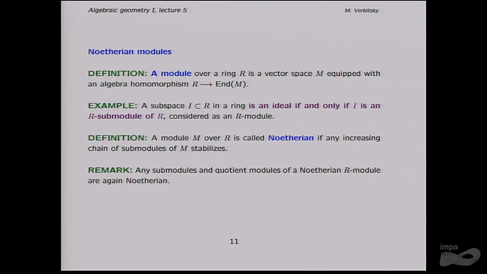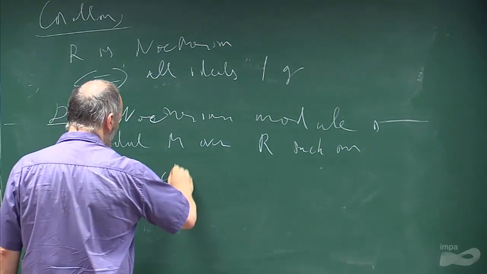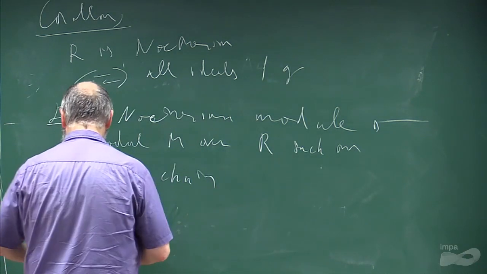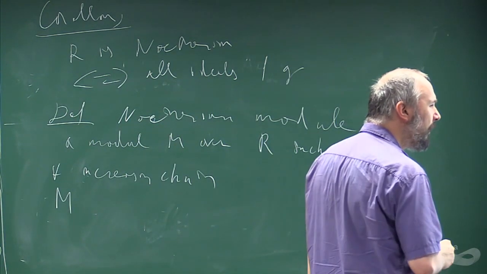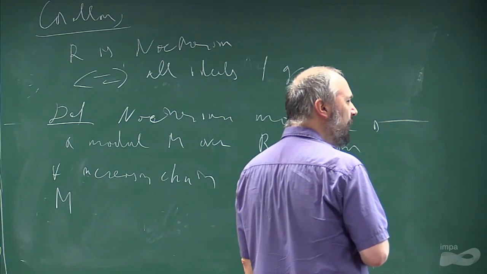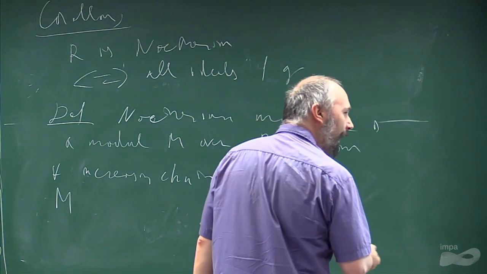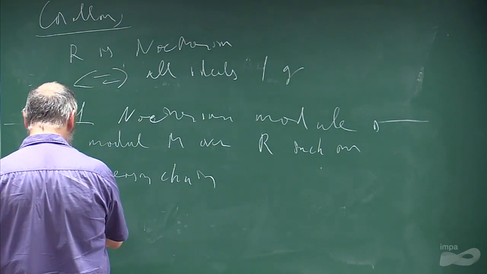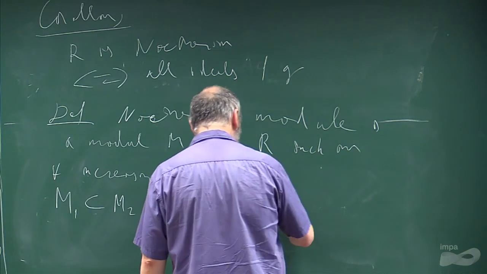A Noetherian module is a module M over R such that each increasing chain M1 contained in M2, contained and so on, contained in M, stabilizes.